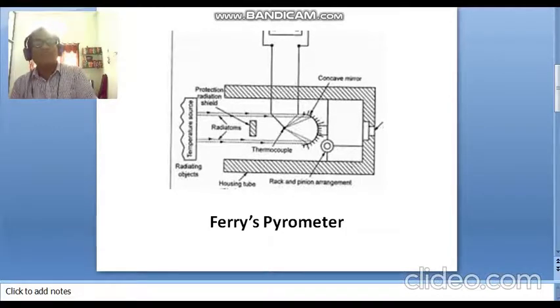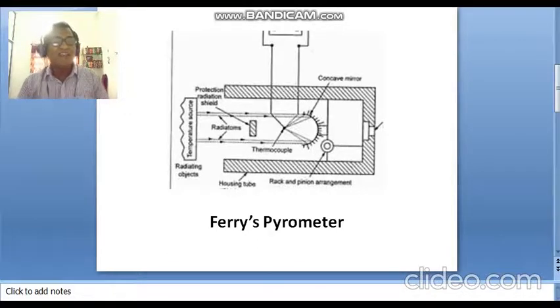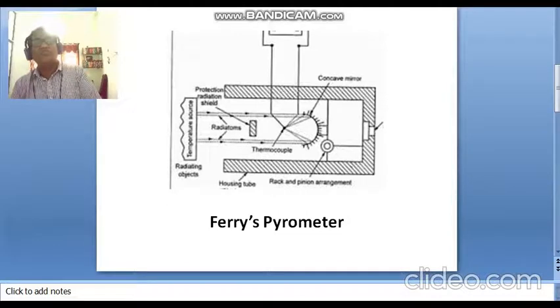We observe the image from the eyepiece. The image is initially out of focus. We have to bring it into focus by moving this eyepiece with the help of the rack and pinion arrangement above the telescope. When the image is exactly in focus, the thermal radiation is incident on the edge of the thermocouple, which consists of hot and cold junctions.